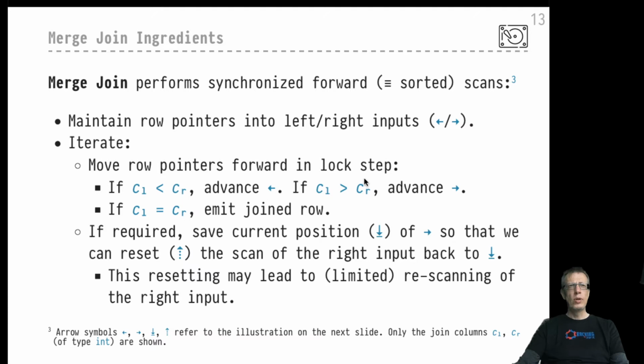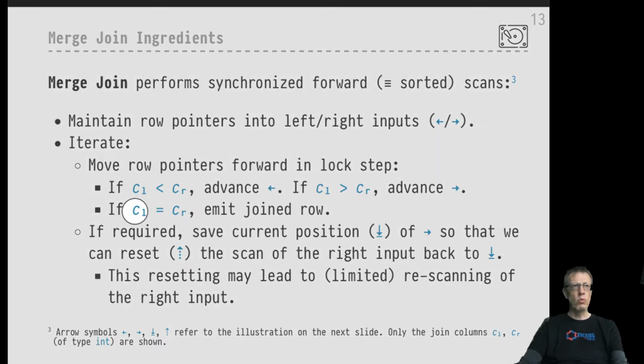So if the right-hand side value in the current row of the right-hand side table is larger than that in the left-hand side table, then let's move forward the right-hand side pointer. So both will move in lockstep, and we'll try to find rows in both tables in which the CL and CR values in the current rows in both inputs are the same. If this is the case, well, then we have found a row that can be emitted into the join result.